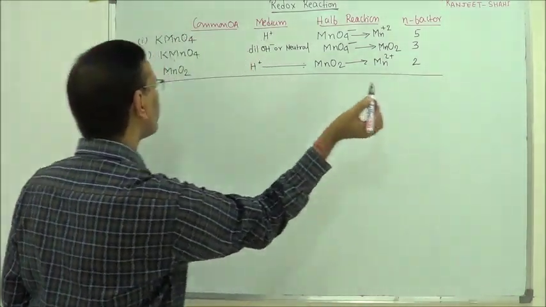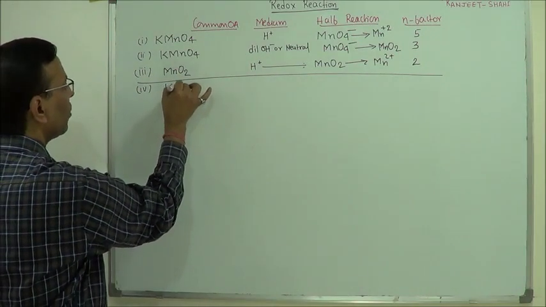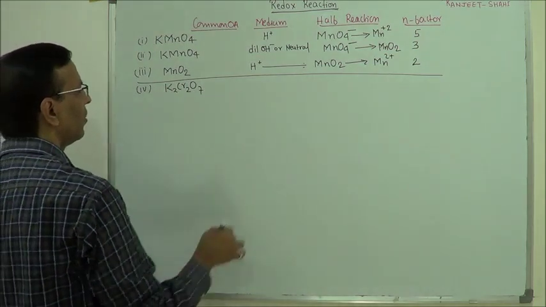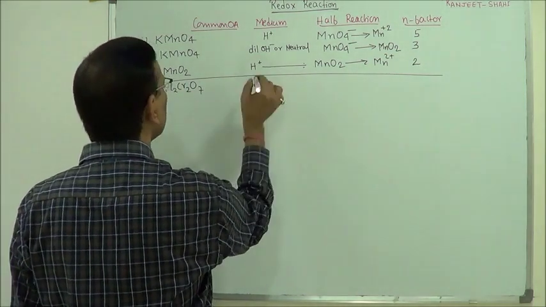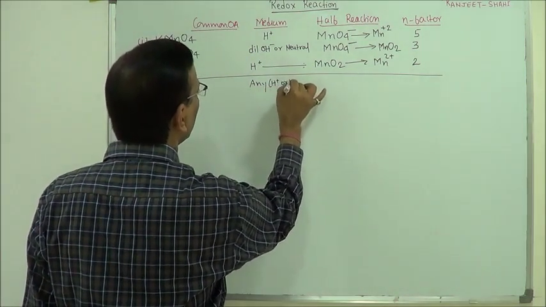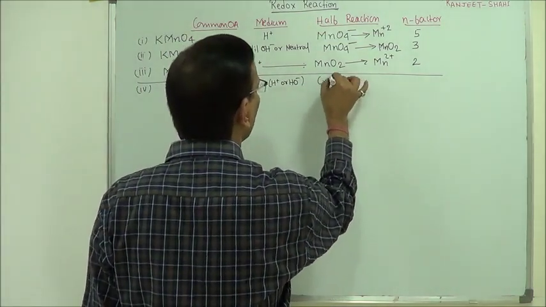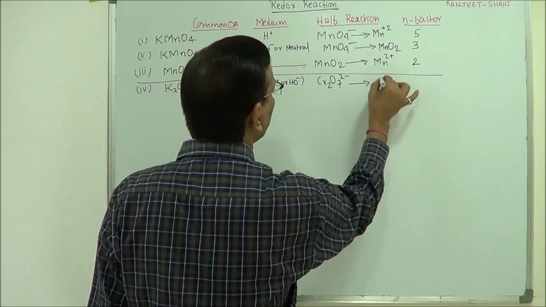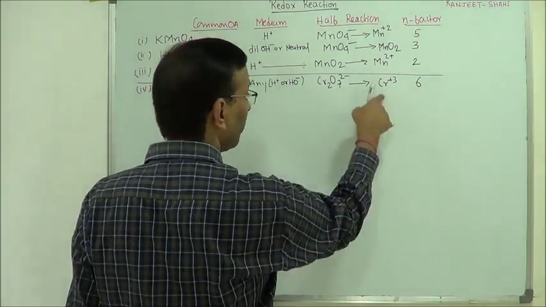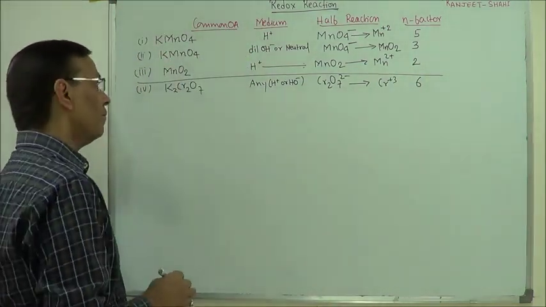Then potassium dichromate is another very common oxidizing agent. It acts as an oxidizing agent in any medium, acidic or basic, and dichromate is always converted into Cr+3, so N factor will be 6, for 2 chromium, change will be of 6 units in oxidation number.